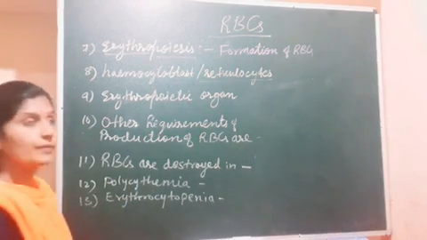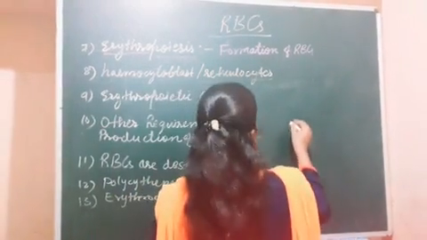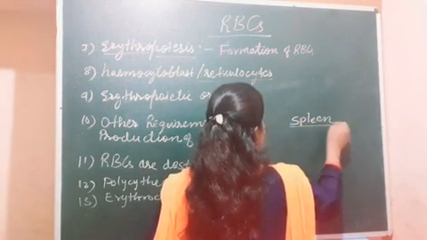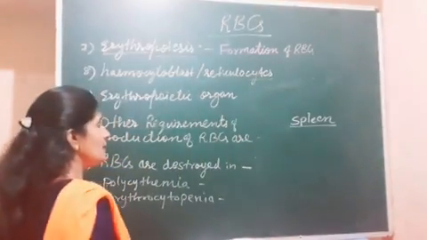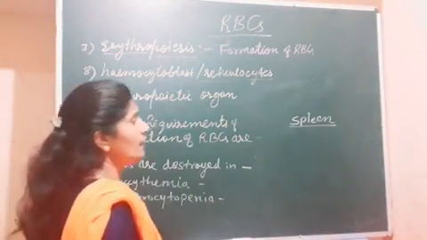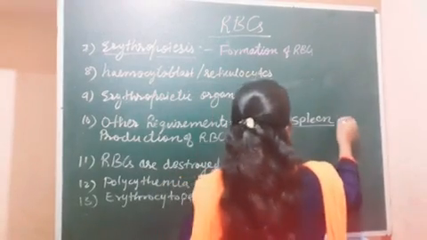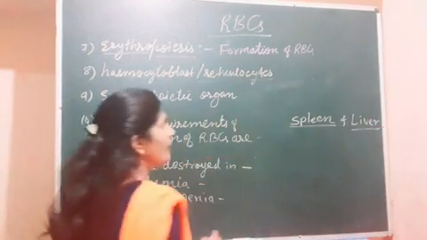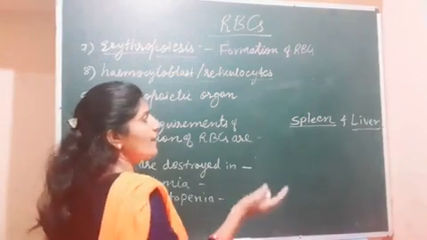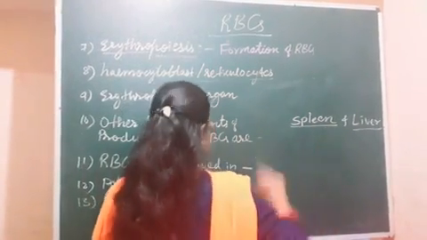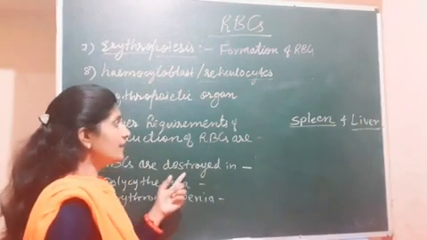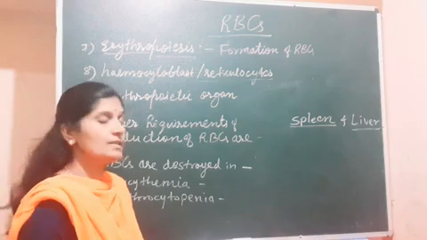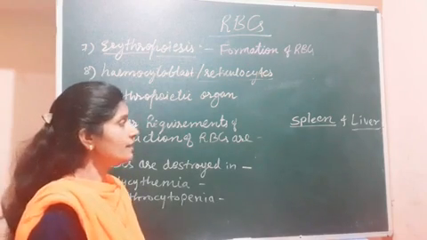They get destroyed in the lymphoid organ, the spleen. RBCs get destroyed in the spleen and liver. In the fetal region, the RBCs are formed in the spleen and liver. But in the adult stage, the RBCs get destroyed in the same organs, liver and spleen.